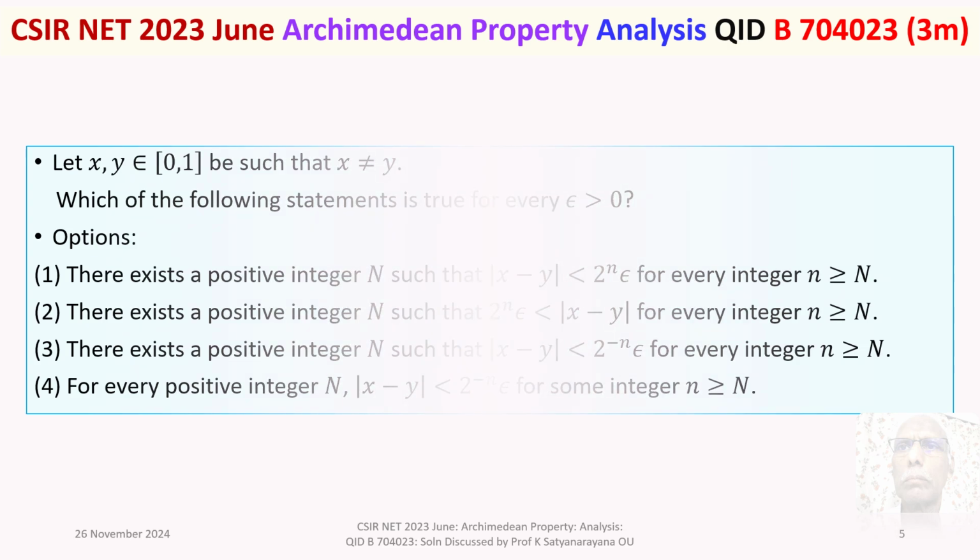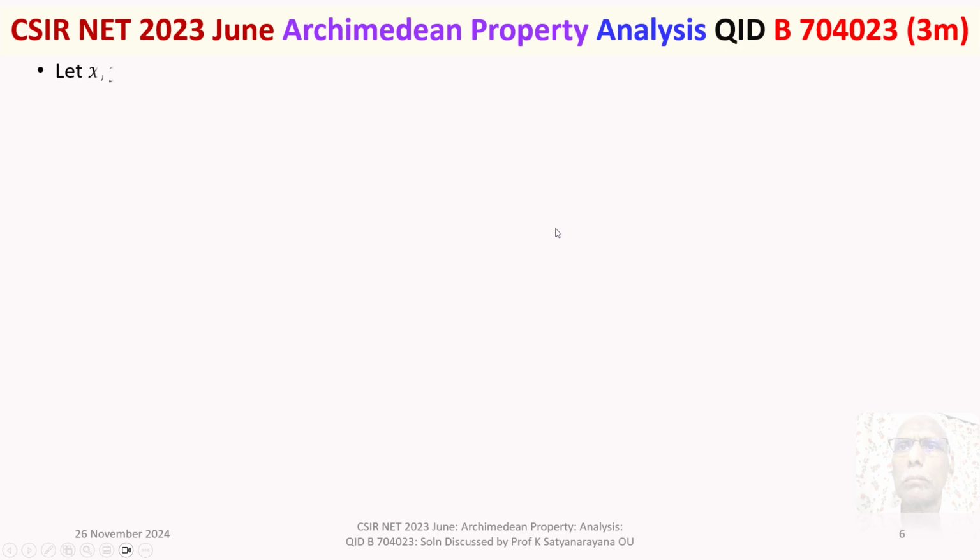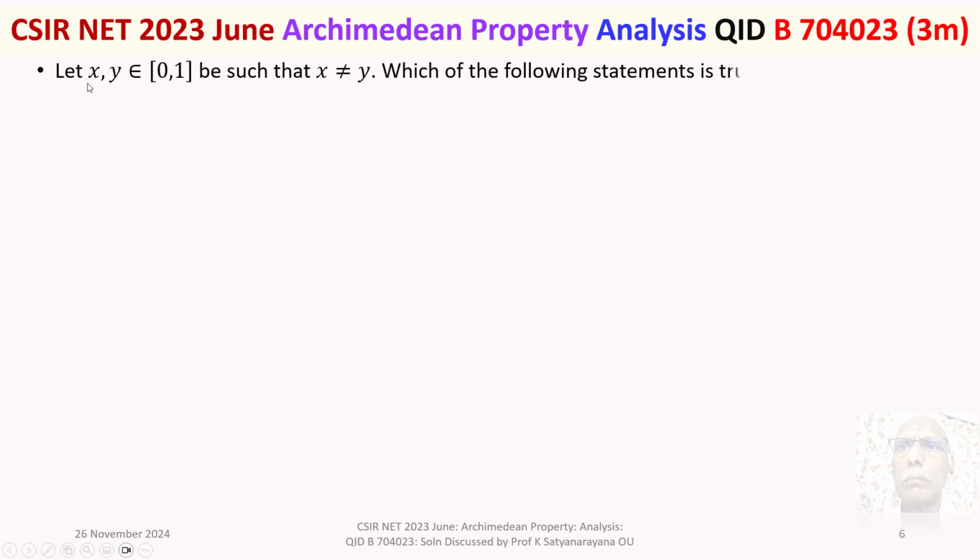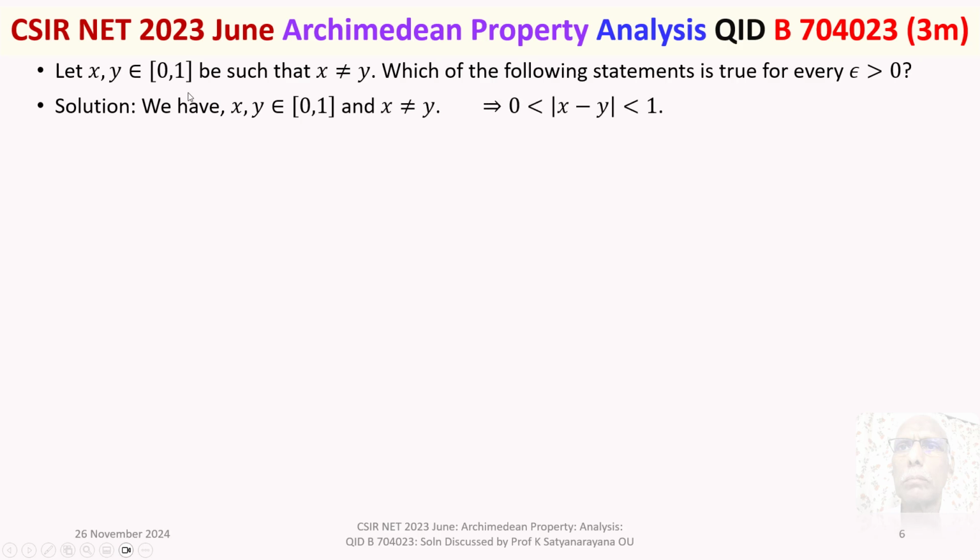Let's now discuss the solution of the problem in detail. We have x, y belonging to the closed and bounded interval 0, 1, that's the unit interval, and x not equal to y.